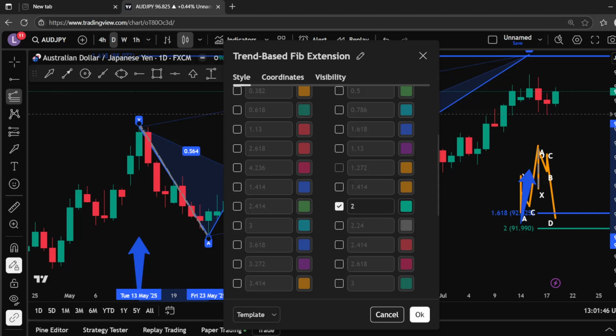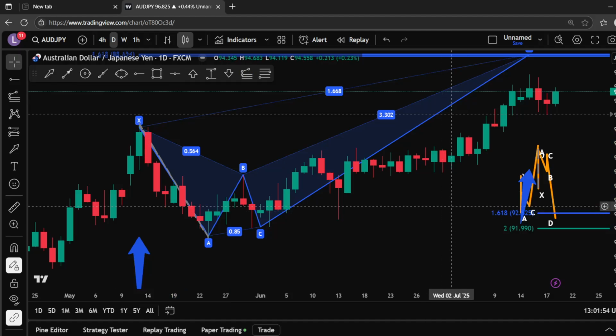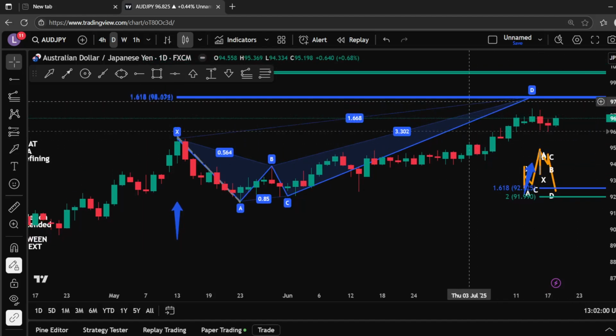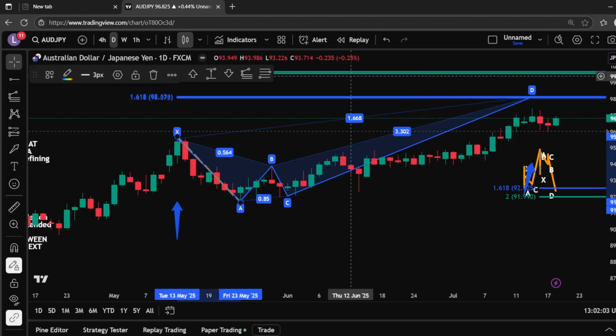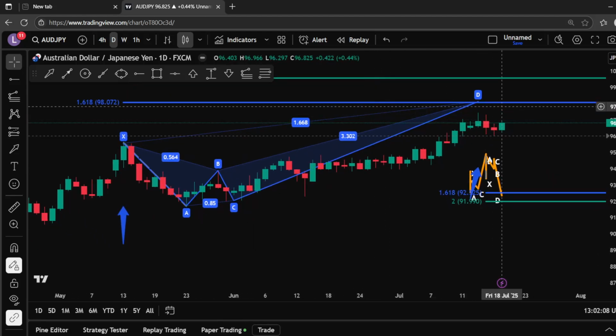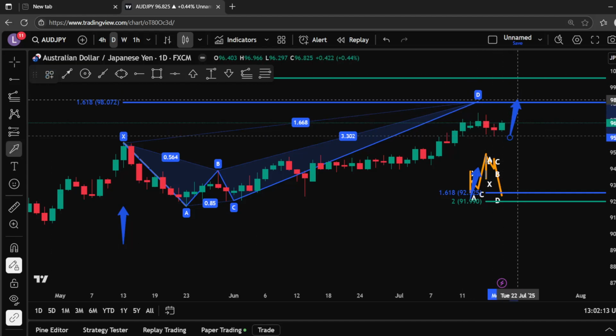All right, so those are the two numbers that you need. Once the price comes to your D leg, you look for price action to go short. Okay, and then your stops go above the D.